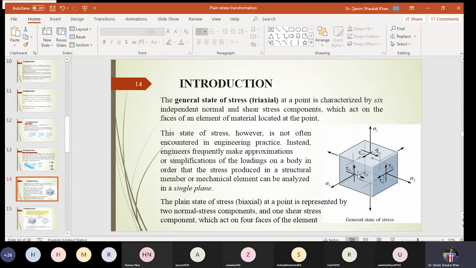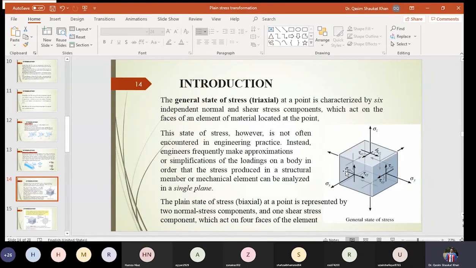Then these are the two shear stresses. Now how are we going to designate these two shear stresses? This shear stress acting on the x face will be tau x, and this is acting in the direction along the z-axis. So it is acting in the x plane, and it is towards the z-axis.